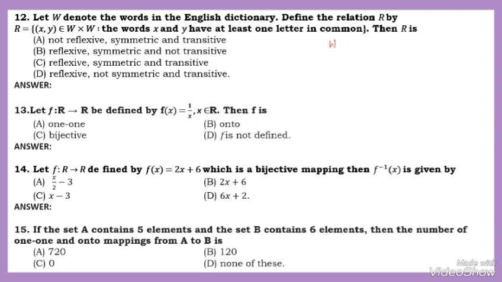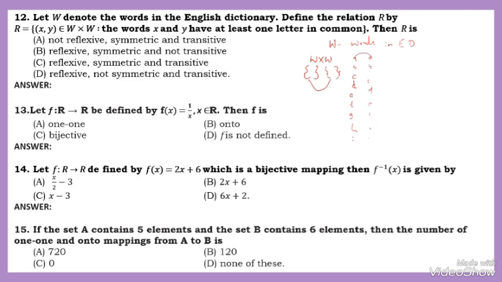Define the relation R given by (X, Y) belongs to W cross W. Here W cross W means every element of W is related with every element of W. For example, in the English alphabet A, B, C, D, E, F, G, H, I, J up to Z.